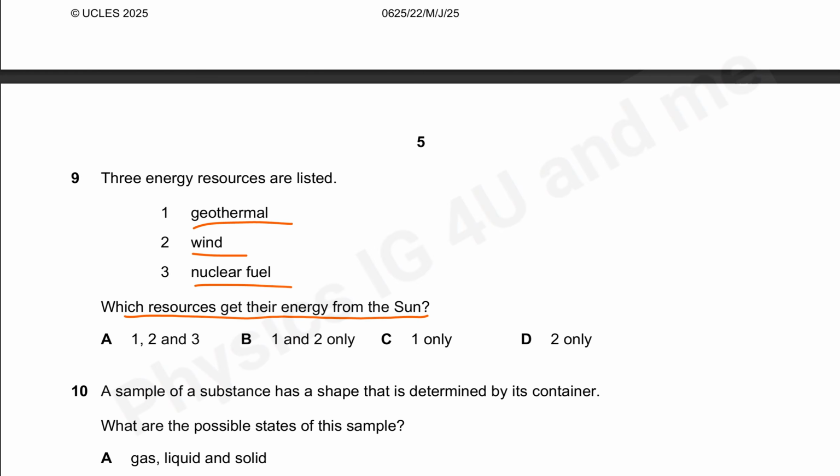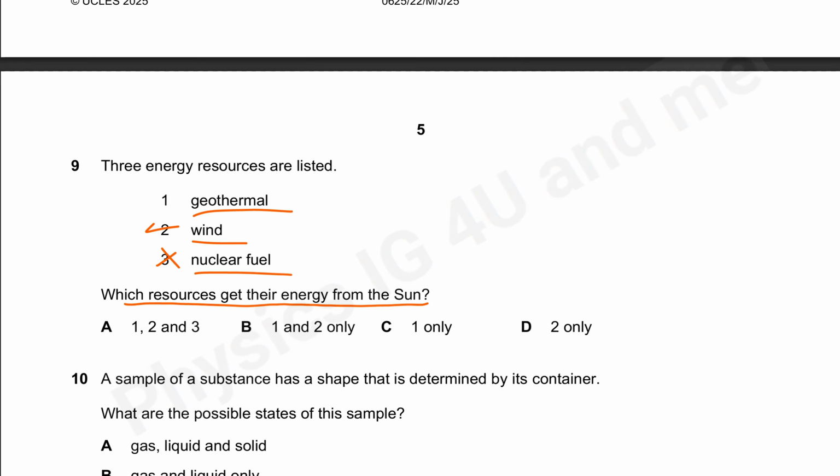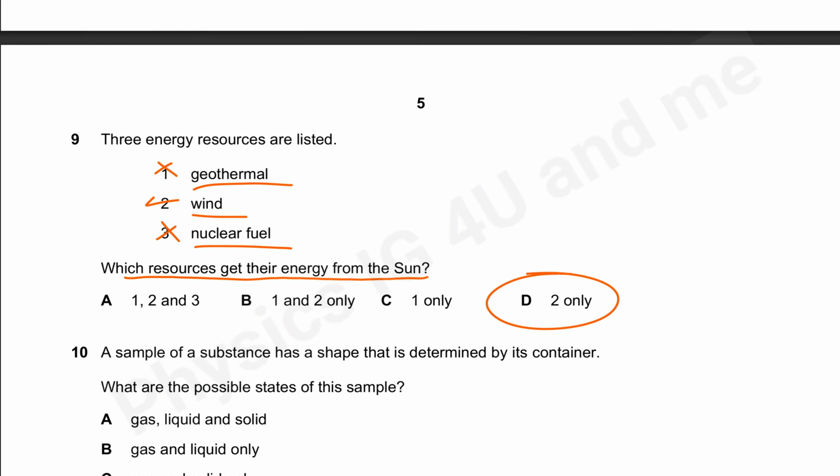Of course, nuclear fuel doesn't take its energy from the sun. The wind does. Geothermal, not from the sun. Okay, it's actually from underground. So it's only the wind. Which one is that? It's option D. I hope it's clear.